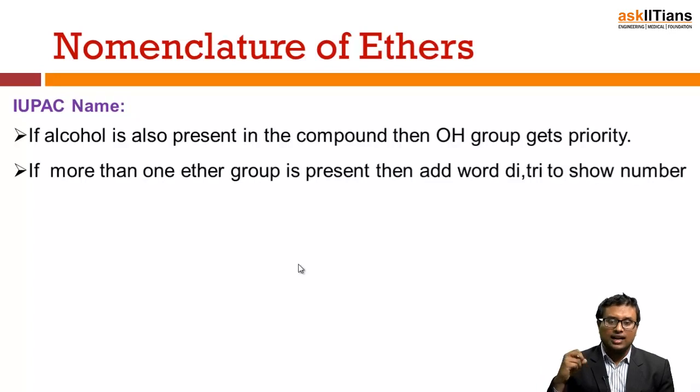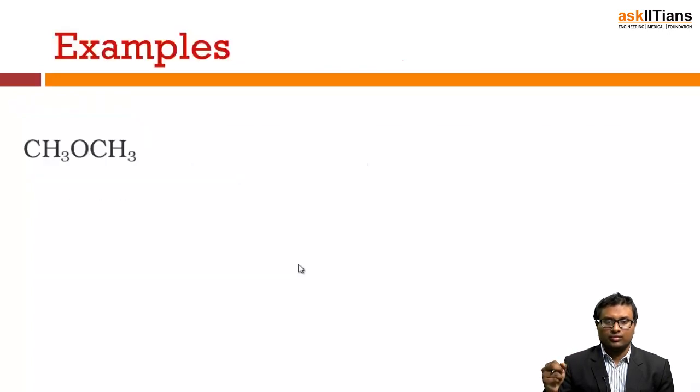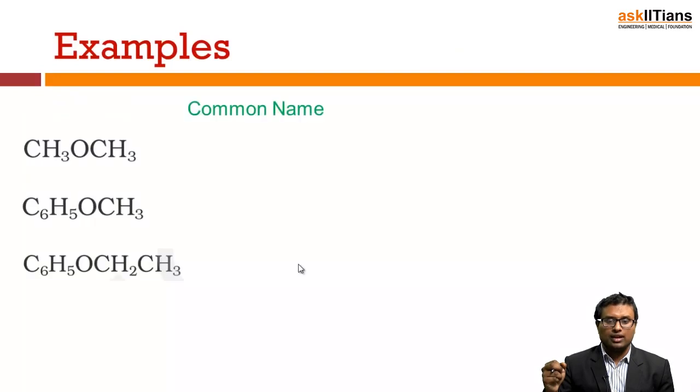If more than one ether group is present, then add di-tri to show the number, right? Just like you have diethoxy ether. So you have the following examples. So CH3, OCH3. So what will be the common name? The common name will be simple, it is dimethyl ether. And here you have methyl group as well as the phenyl group.